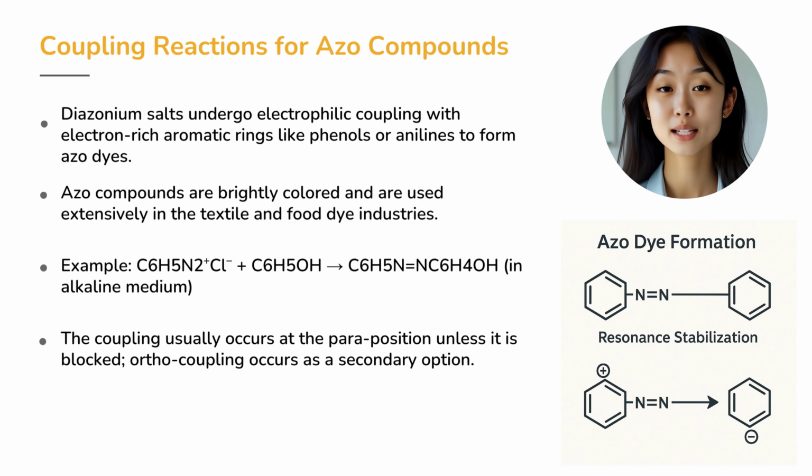Usually, this coupling happens at the para position on the ring unless that site is blocked, in which case ortho coupling takes over, a bit like choosing the perfect seat in the theater to maximize the view. Picture a diagram illustrating how the azo dye forms, showing the resonance structures that stabilize this colorful molecule, explaining why these dyes have such lasting brilliance.